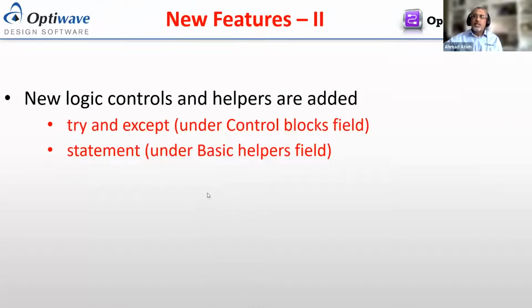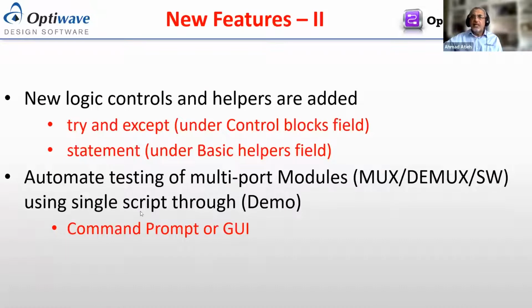Other features we added to OptiInstrument include the automation of multi-port devices, which we're going to demonstrate today for measuring passive devices. In our case, we're going to measure a 4-channel DMUX using the remote setup offered by EXFO. The process of testing and characterization can be done through the command prompt or through the OptiInstrument GUI.